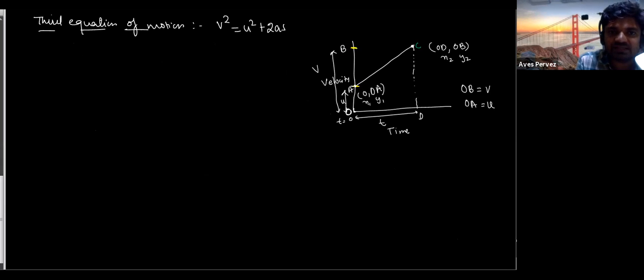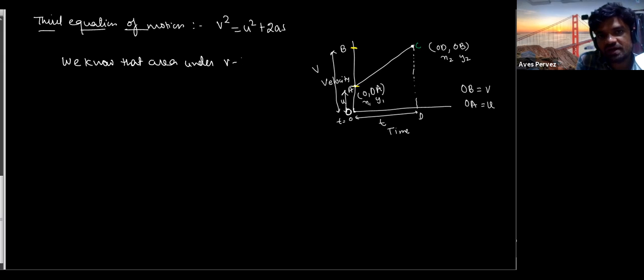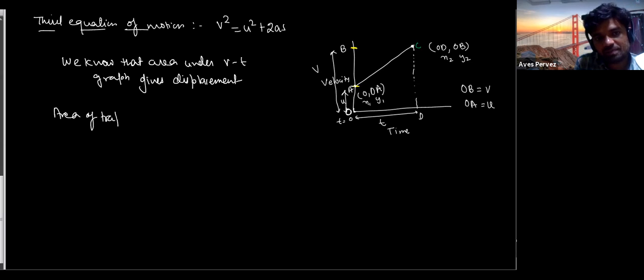So we know that the area under the v-t graph gives displacement. You can write here that the area of trapezium OACD is equal to displacement.